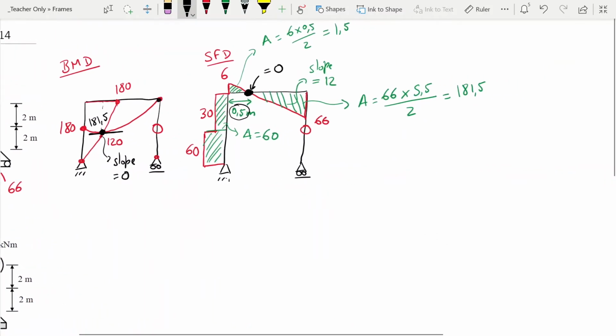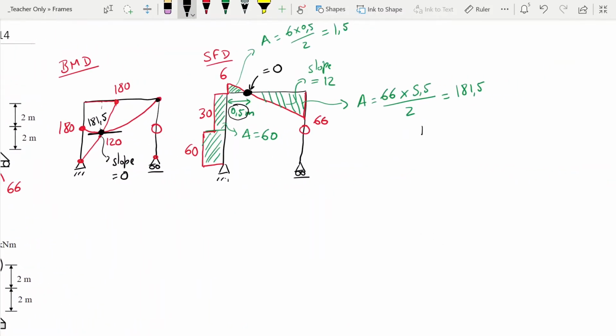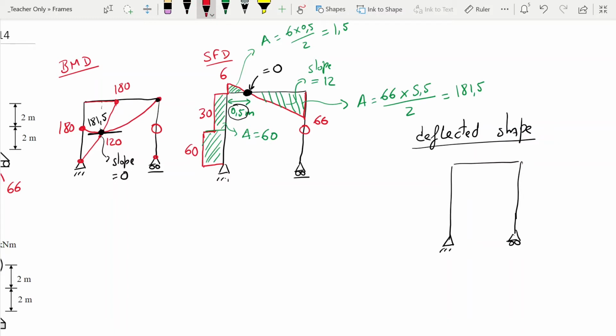With all this information, I can now sketch my deflected shape, which is a lot easier to do once you have the bending moment diagram. So what I know now is I'm going to have the column bending towards the right. Then I'm going to have the 90-degree angle, and then the beam is going to be happy. The 90-degree angle is not very good there. Let's try one more time.